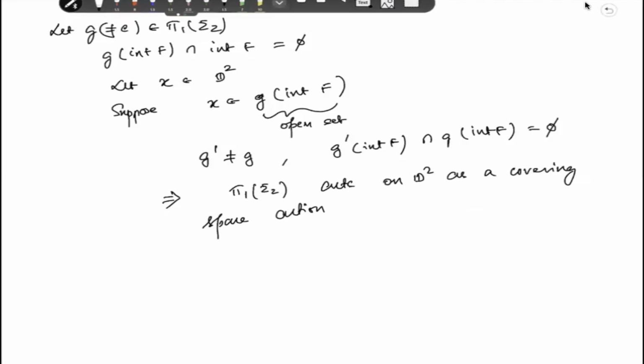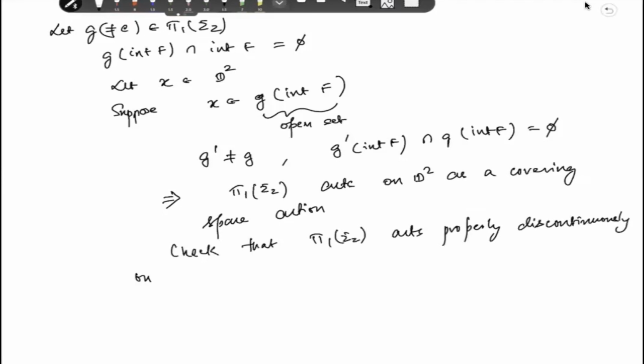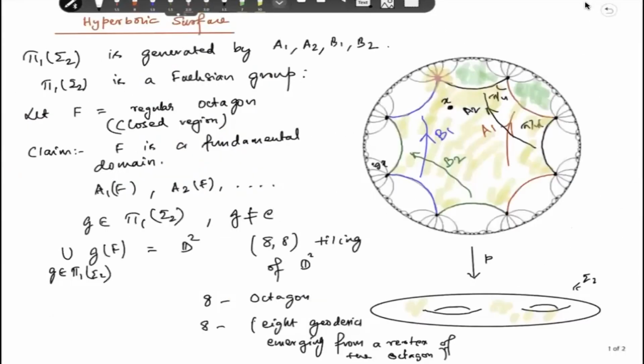In fact, one can also prove that, so check that pi 1 of sigma 2 acts properly discontinuously on this unit disk. From the picture it is clear that pi 1 of sigma 2 is acting on the space, and the quotient space will be homeomorphic to sigma 2, and we have a covering map P from this unit disk to this genus 2 surface.